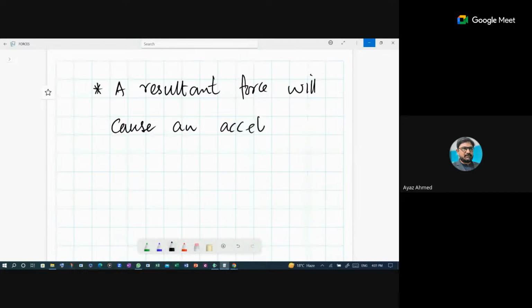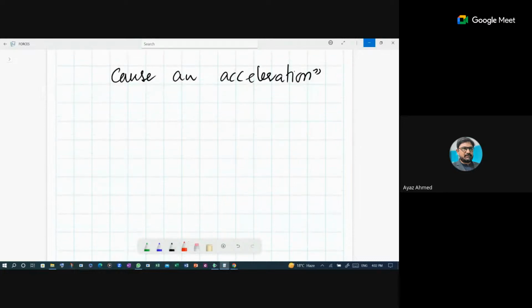So what is inertia then? Are you aware of inertia? Yes. Inertia is basically the same thing. Inertia is the property of a body due to which it resists changes.